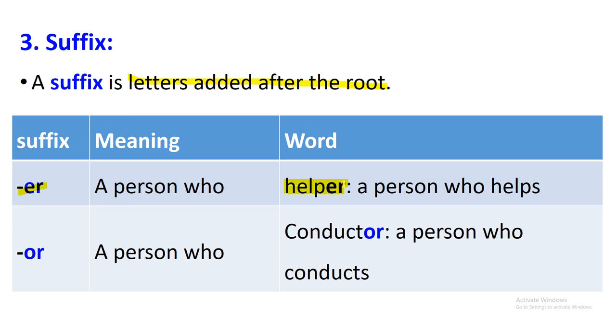They came after the root help, and they are called a suffix. The suffix er means a person who. For example, helper, a person who helps. I also have or. The suffix or has the same meaning of a person who. For example, conductor. I have the root conduct and the suffix or, so it means a person who conducts.